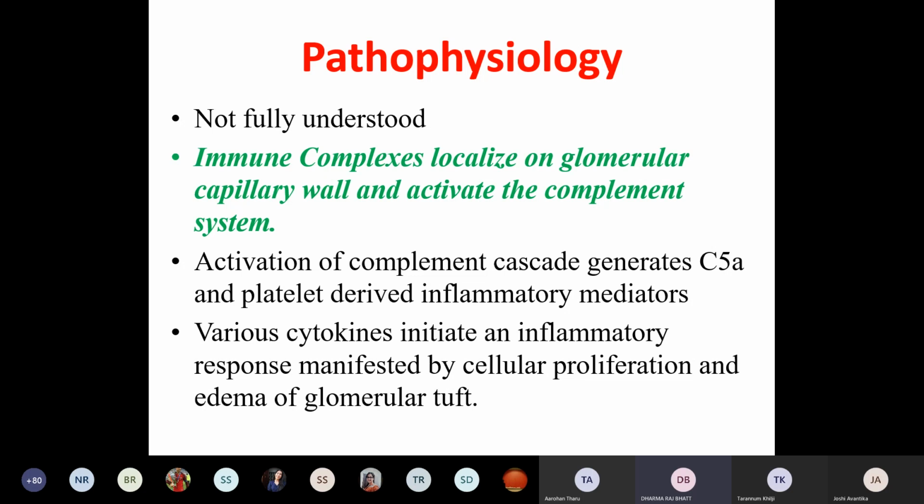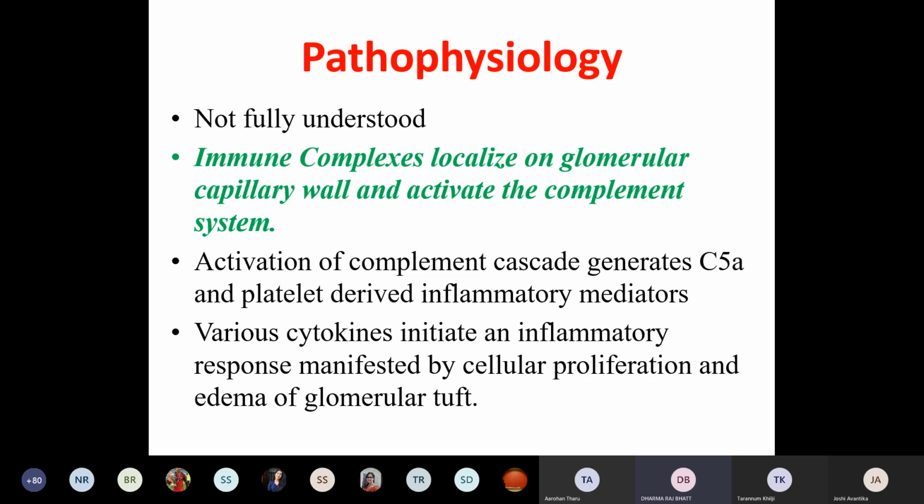This activation results in the release of inflammatory mediators, including platelet-derived mediators, which leads to production of cytokines, manifested by deposition of antigen-antibody complexes and cellular proliferation, which damage the glomerular membrane.